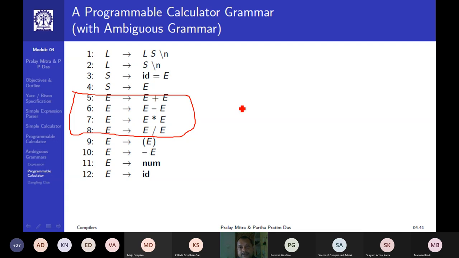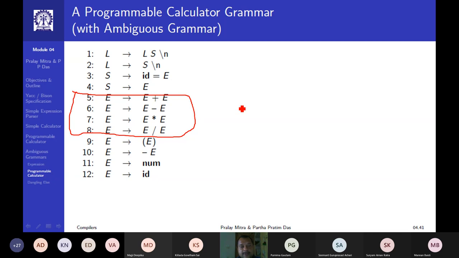For the moment, if I assume that all the operators have the same precedence, then probably I am on the safe side. Then I also have to mention that associativity doesn't affect. So if I consider precedence wise and associativity wise, I have no restriction if I assume that, okay?